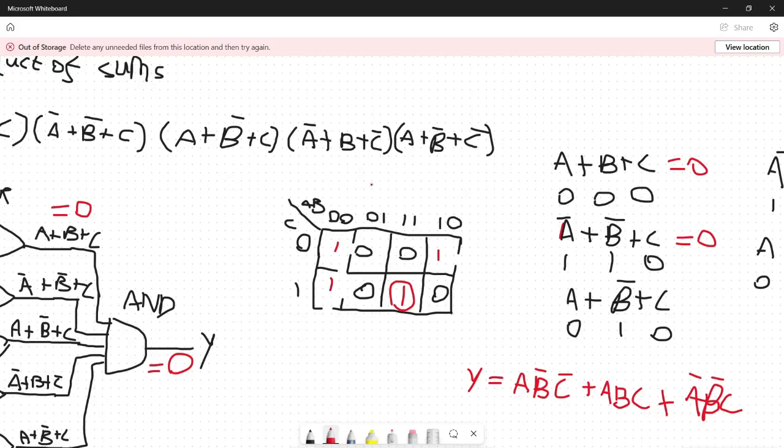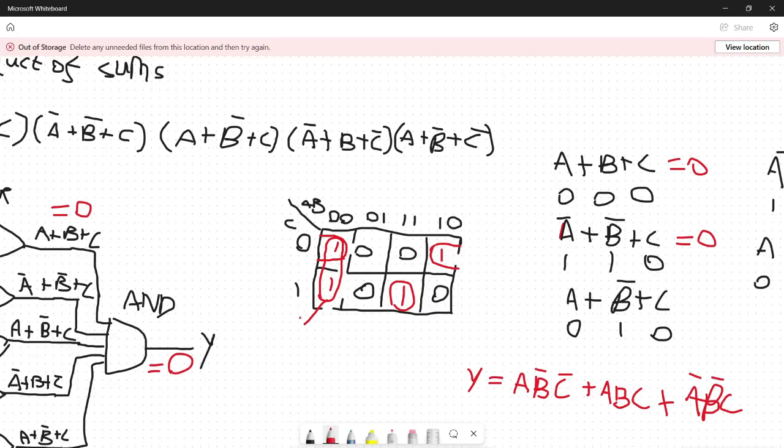Of course, not for this example, but let's say it is. Well, now we'll group it in 2s. And we'll group this along this way and a wrap around here. Why do we wrap it around? Well, look at the difference. This is 1 digit away from that, so we can wrap this around. And this becomes a group of 2 and a group of 2.